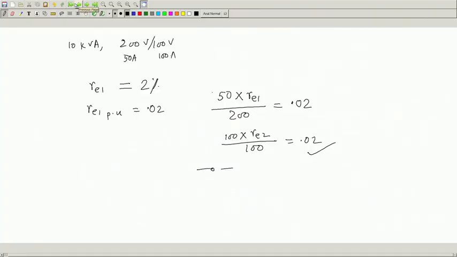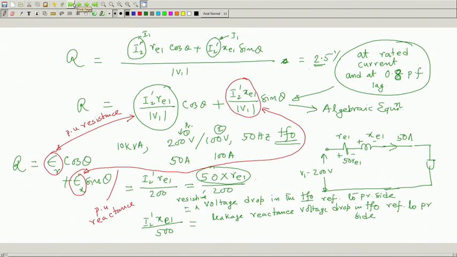Welcome to lecture number 26 on Electrical Machines 1. You recall that we were discussing the regulation of a transformer, and we found that the regulation is given by this expression.